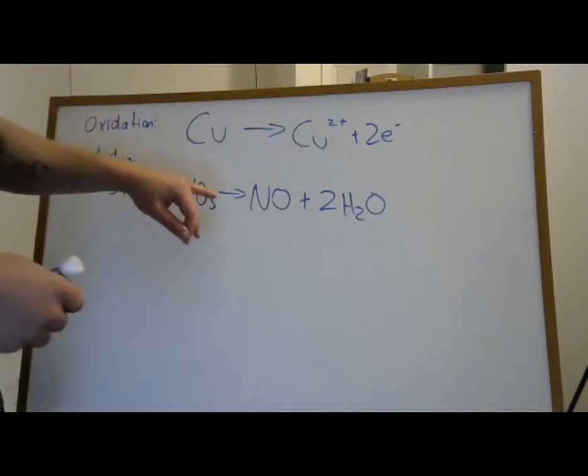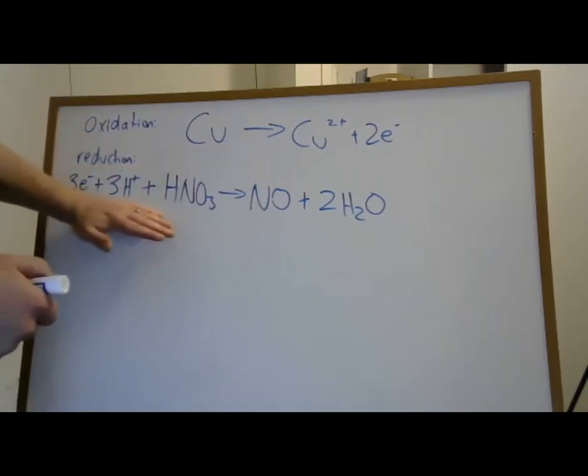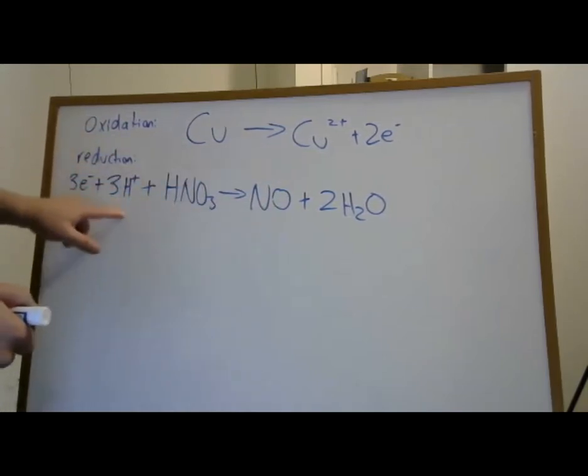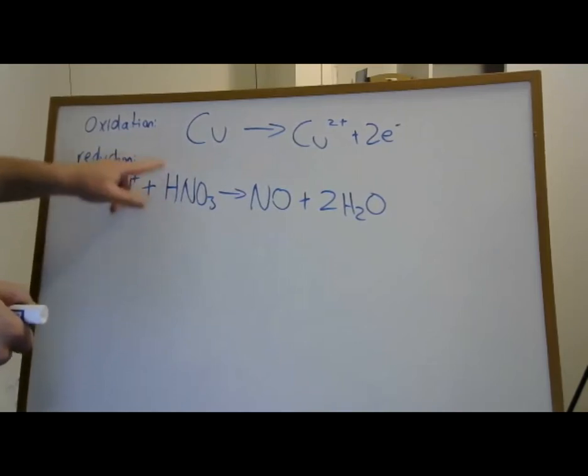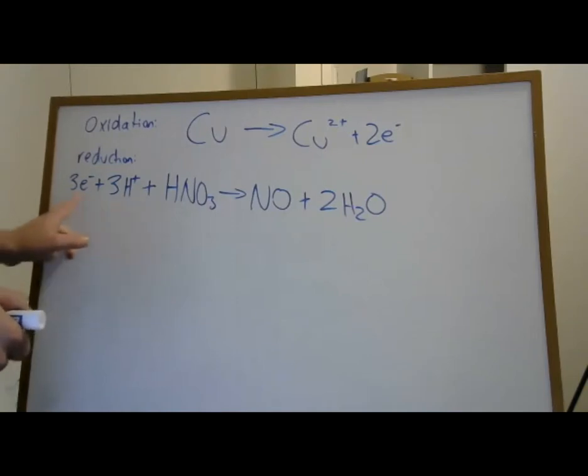We then have the balance of the charges. So in order to balance, we had to add 3 hydrogen, or 3H+, to balance the hydrogens on both sides. So we needed to add 3 electrons to balance out the charge.